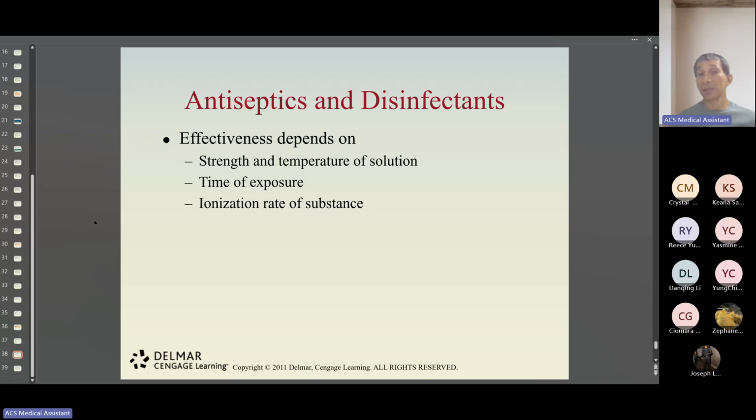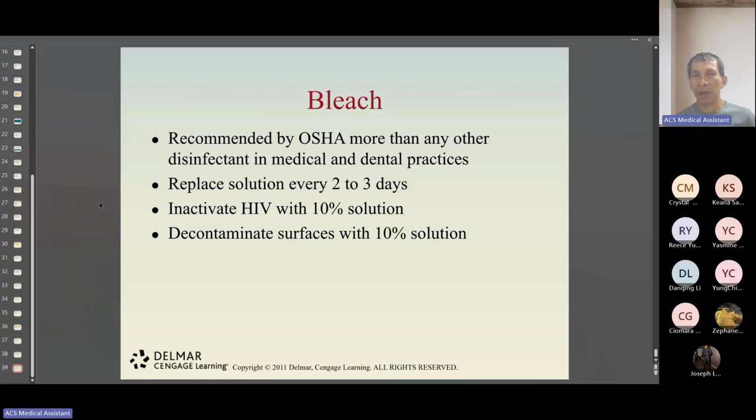Bleach. What is the percentage of that bleach? 10%. Antiseptics, remember, is anything that you're going to use on living organisms. You're going to cleanse the skin, an organ, something within the body, you use antiseptics. Basically, that's how it is. Bleach, this is a question for the exam.